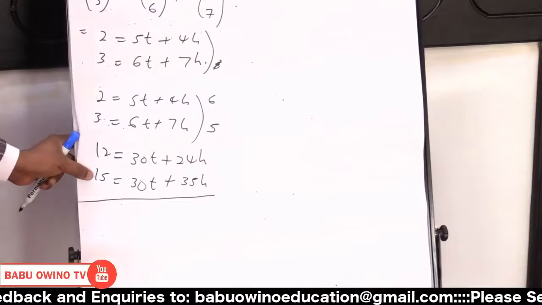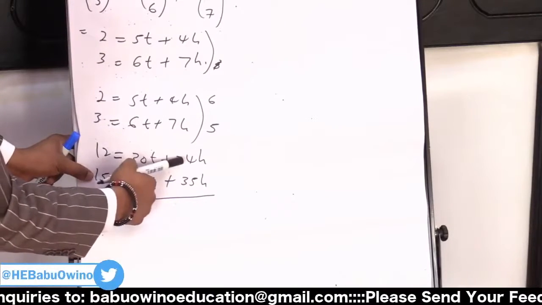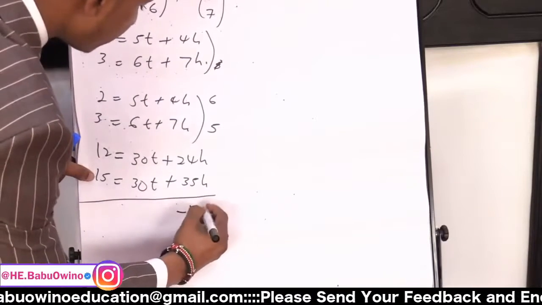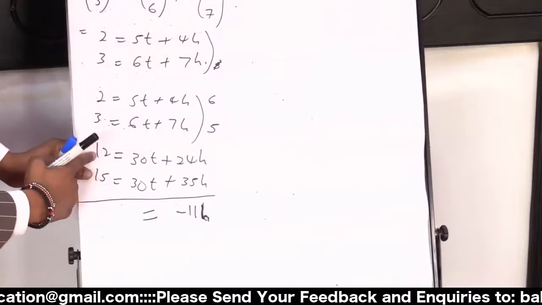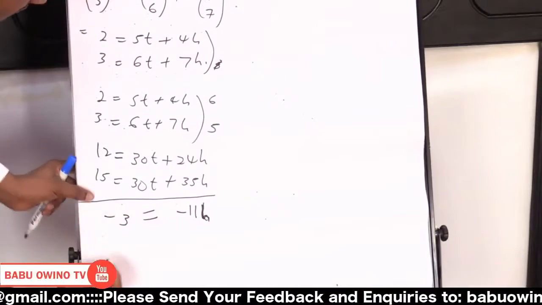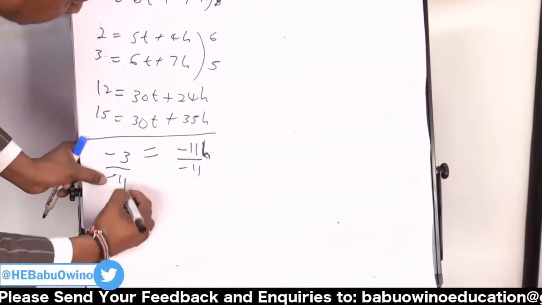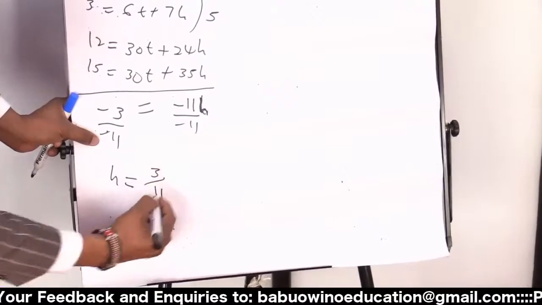Then by elimination, 30T minus 30T is 0. Then 24H minus 35H is minus 11H equals 12 minus 15 is minus 3. So divide everything by minus 11. So H becomes 3 over 11.